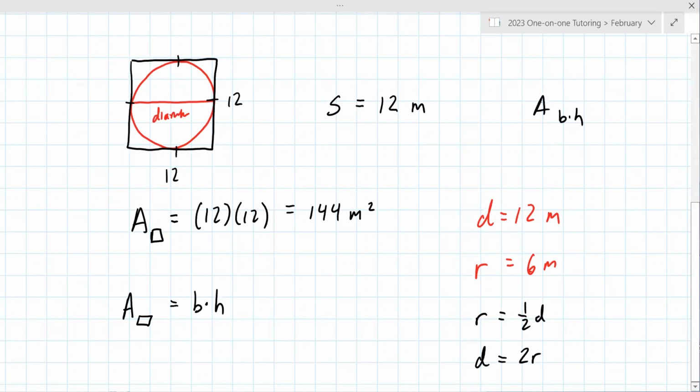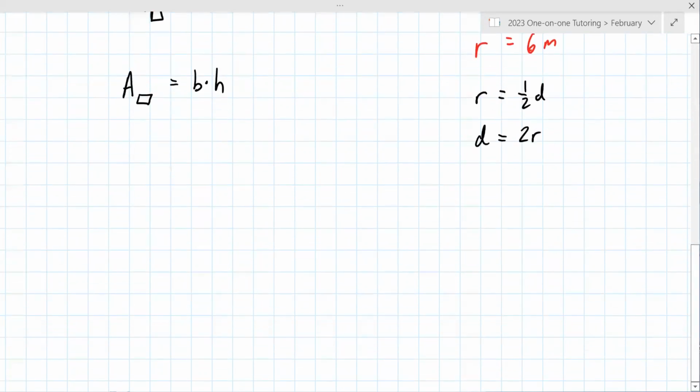Okay. Now I'm gonna give this to you because we need it. The area of a circle is pi times the radius squared, pi r squared. So I need to multiply it by pi and then square it. Well, you actually first square.